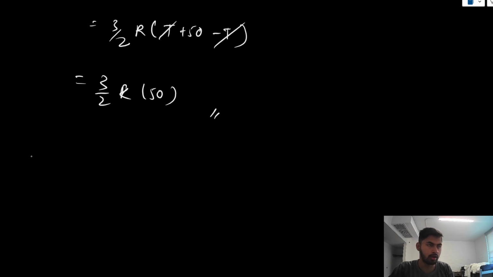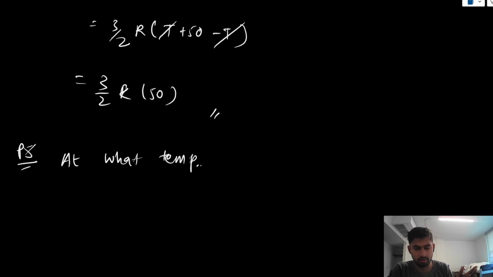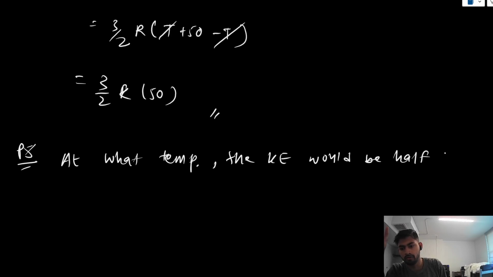Another kind of problem that could be possible would be, say, at what temperature the kinetic energy will be half, or double, or 1/3 of its value at a given temperature. So we can write the problem: at what temperature would the kinetic energy be half of its value at 127 degrees Celsius?